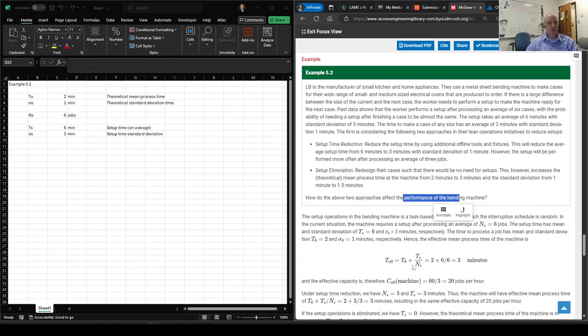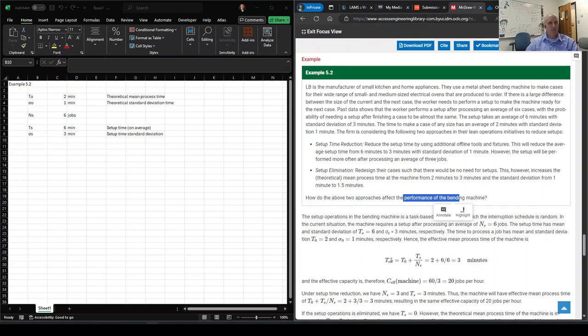One of the first things we want to do is calculate our effective capacity. So let's look at the effective capacity from this perspective: we'll take the theoretical mean process time of 2 minutes. We will add that to the setup time divided by the number of jobs, and that is 3 minutes.